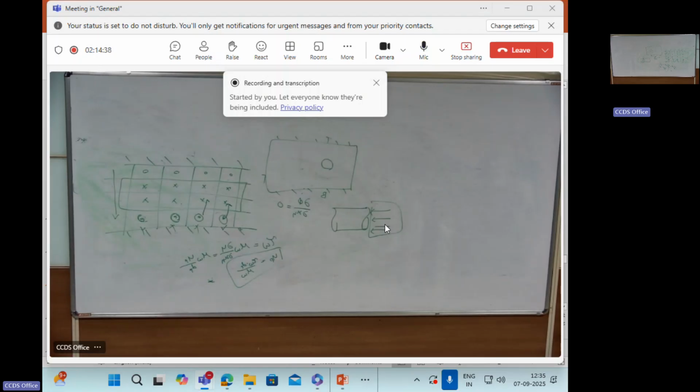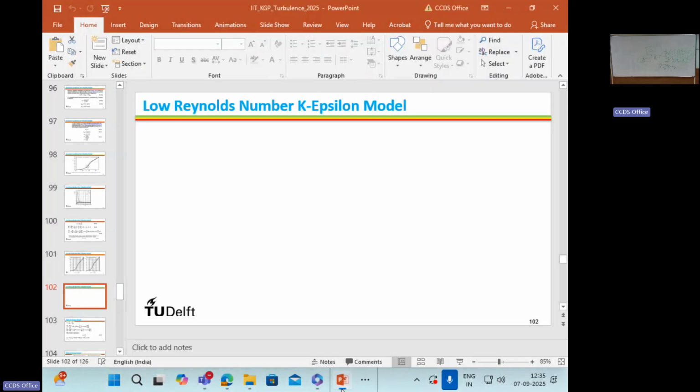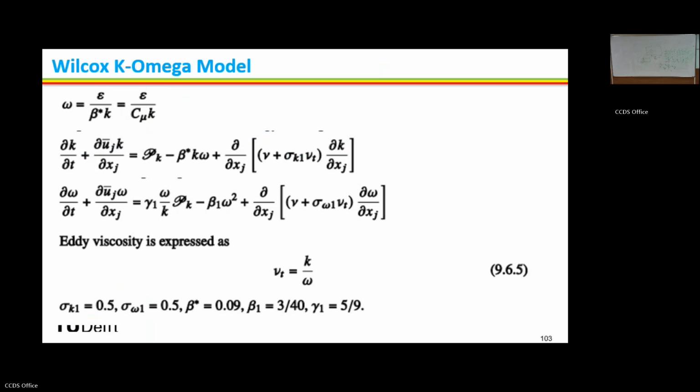So this K omega turbulence model was initially proposed by Kolmogorov, right? But he did not mention its two equation form.